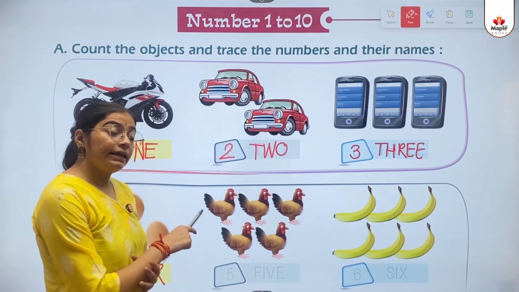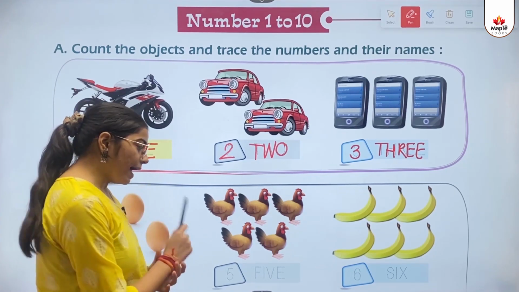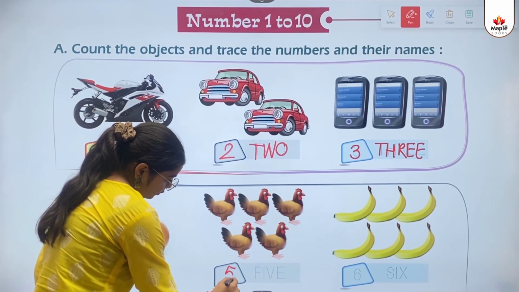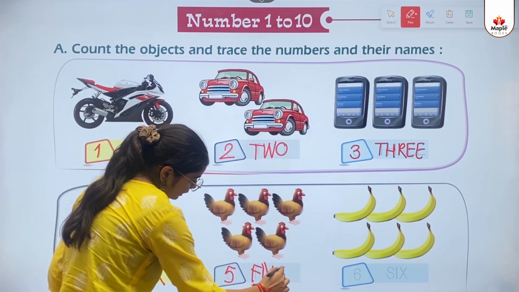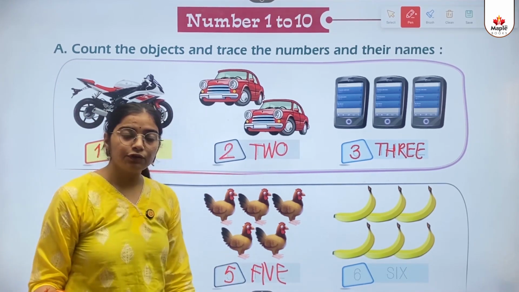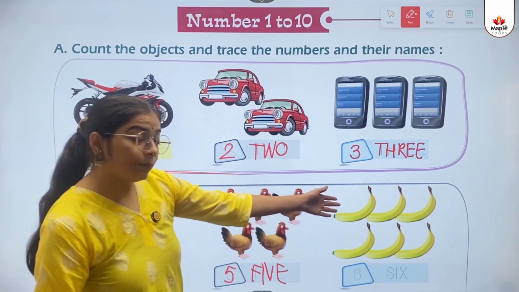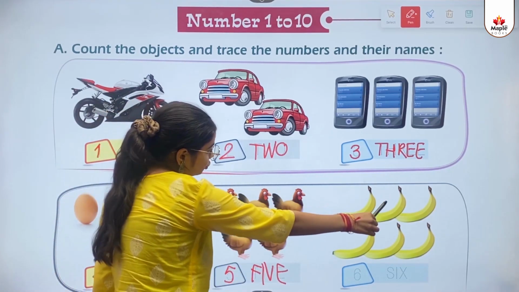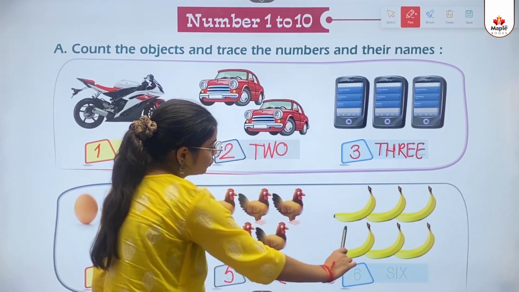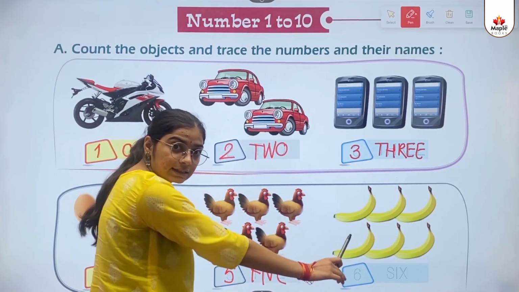Then how many hens are given here? 5. 5. F I V E. 5. Then how many bananas are given here? We'll count. 1, 2, 3, 4, 5, 6. 6.